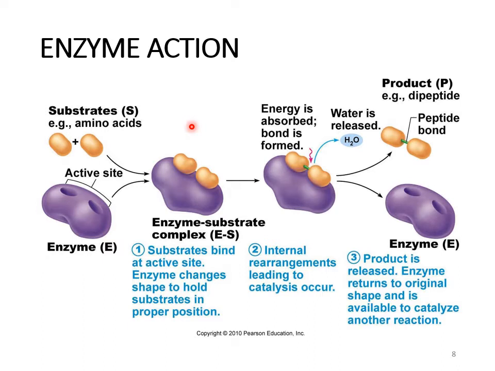It provides that seat. And just like with the school bus, what happens when those students leave? That school bus seat doesn't disappear. It hasn't been used up. No, it's there for the next set of students to come in, sit down, bond, and leave. Okay, and so as you see in this figure, that is enzyme action.